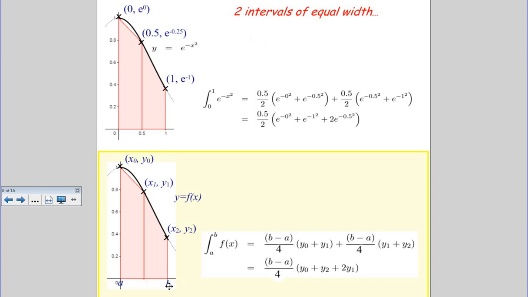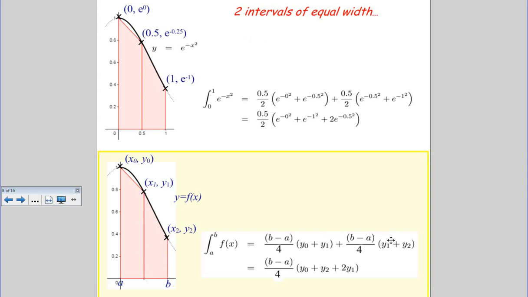So to get the width of each individual strip, we would do the full width, b minus a, divided by the number of strips, 2, and then we need to times that by a half. So we've got b minus a divided by 2, and then half that, so b minus a divided by 4. The parallel sides for the first strip are y0 and y1, and for the second one are y1 and y2.